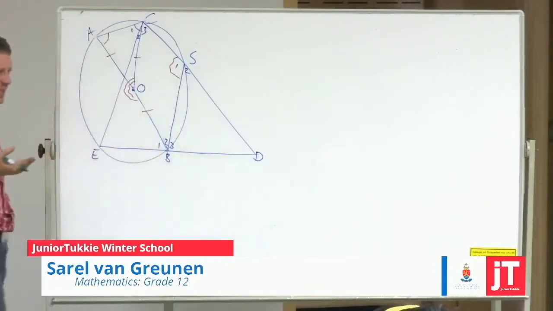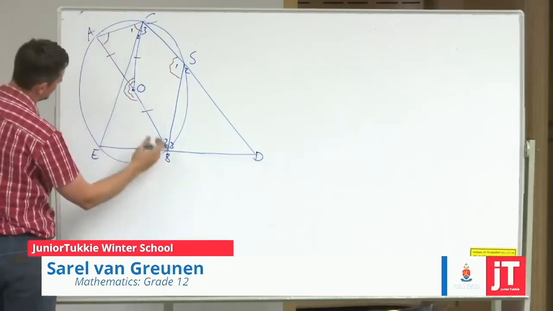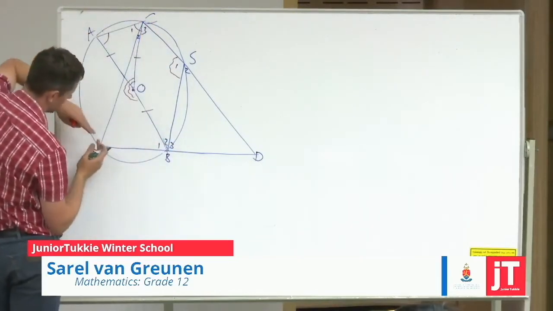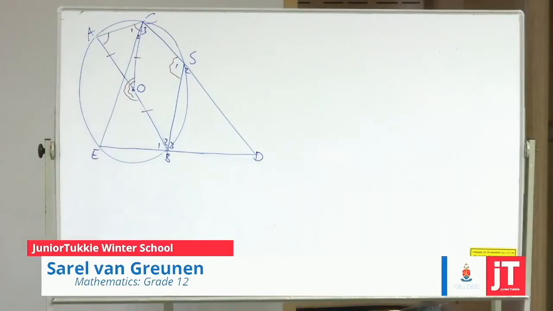It might come in handy later on, I don't know, I don't think so. Okay? And then I've got a diameter, but it doesn't come together at a point. So I'm not going to use theorem 3 as well. So go on to the next bit of information.